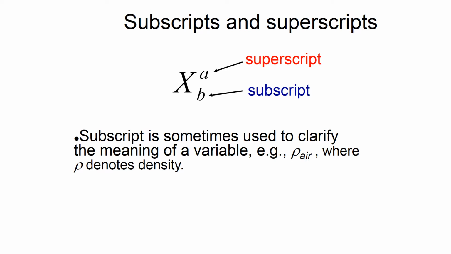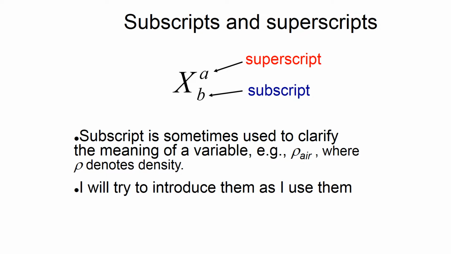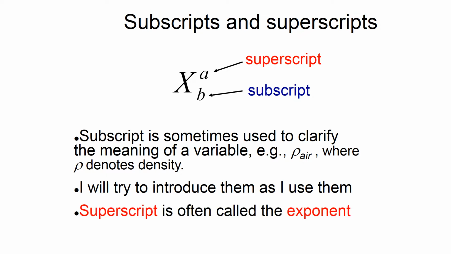But we've got a subscript air, so that's telling us the density of air. If we had rho water, that might refer to the density of water. So usually subscripts tell us something about the thing that we're looking at, and the superscripts are a mathematical thing.